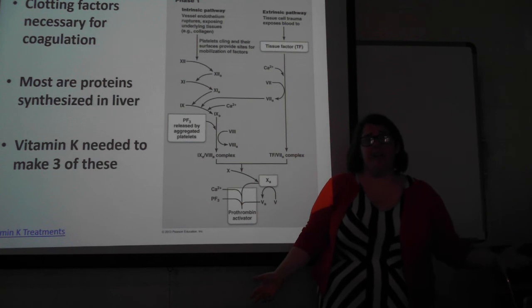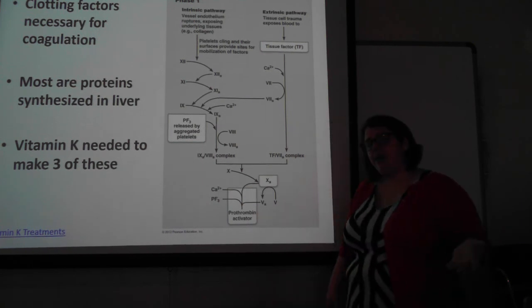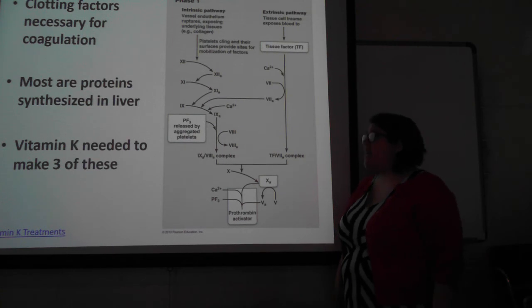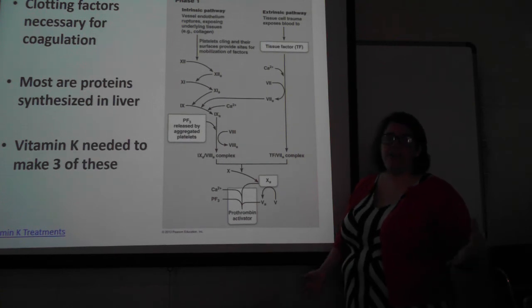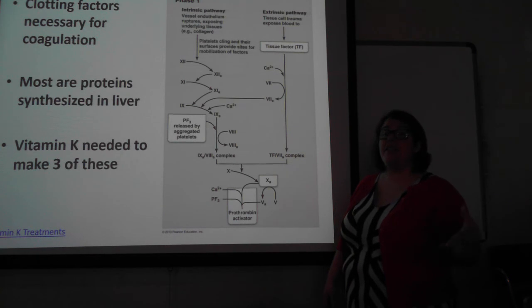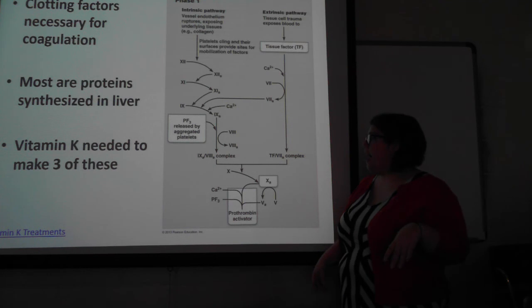So most of the clotting factors are actually made in the liver. And you've probably heard of hemophilia before, bleeder's disease. Hemophilia, there's a couple of different forms of it, is a genetic condition, usually a recessive genetic condition, which means you have to get a recessive gene from each parent in order to have it.